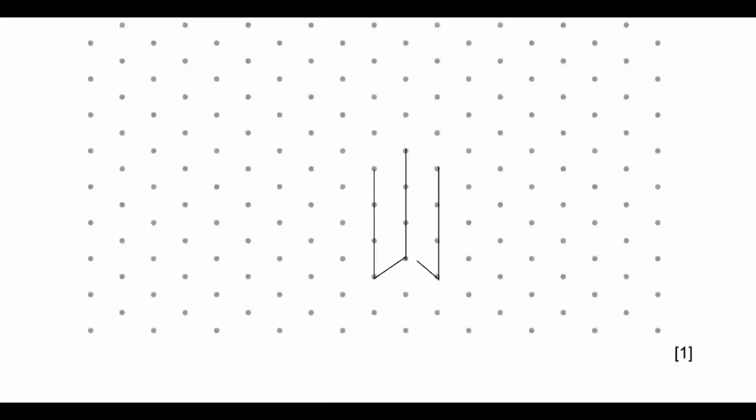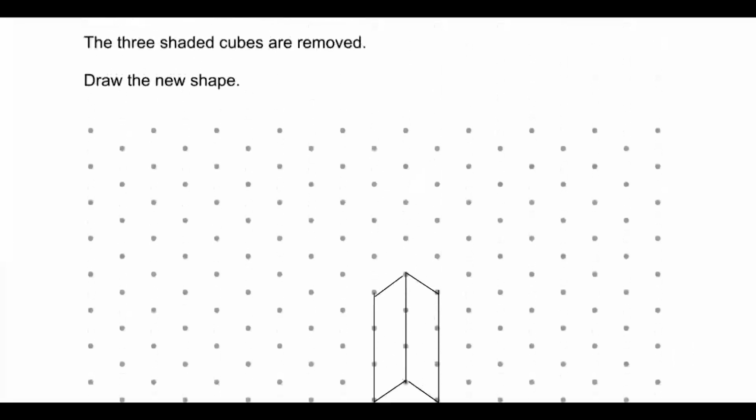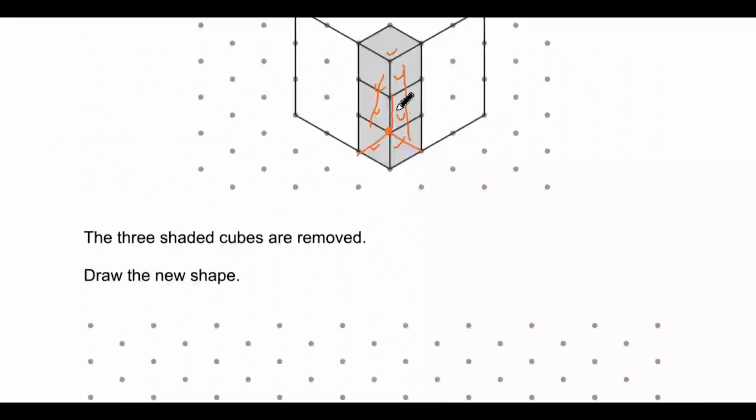Connect this together. So that will remove the marked cubes. Okay, so like this and like this. Okay, so if you check this one now, so these cubes have been removed. Okay, so then we need to continue like this, and complete the diagram.